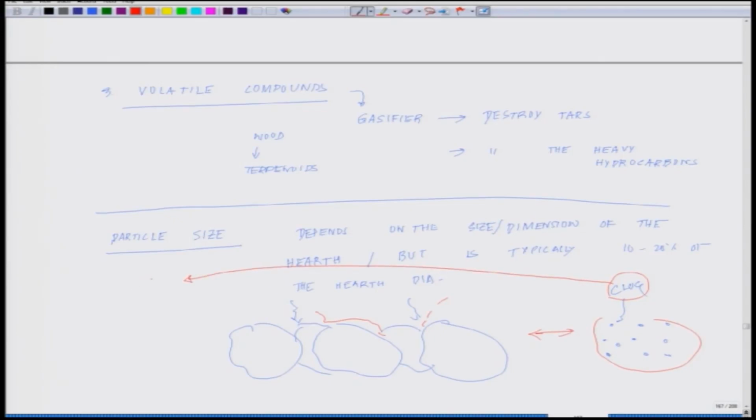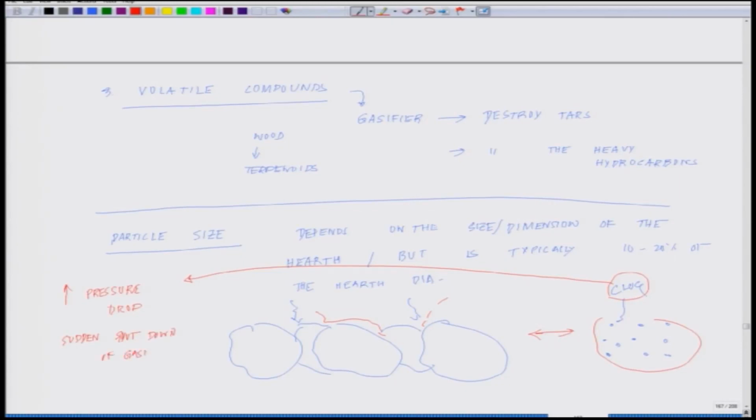It could basically lead to reduced available air voidage, leading to a greatly increased pressure drop, which is very dangerous for the system, and lead to a sudden shutdown of the gasifier.